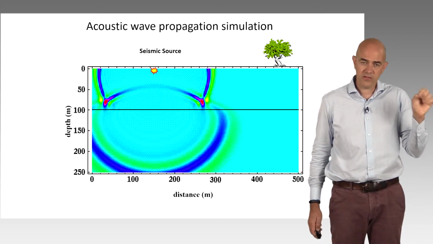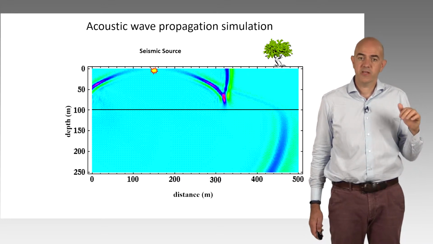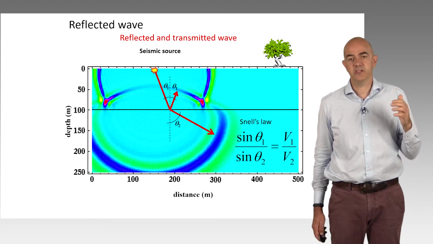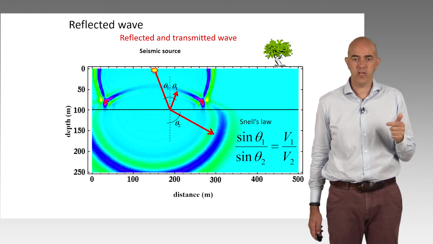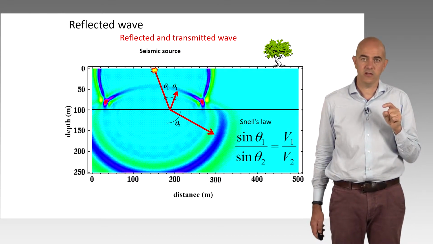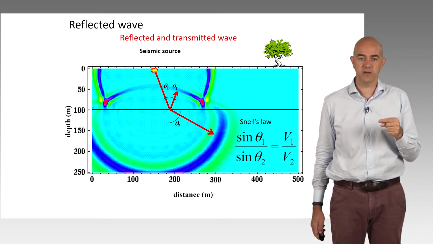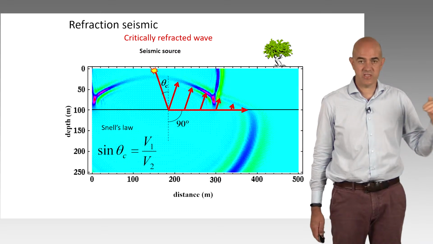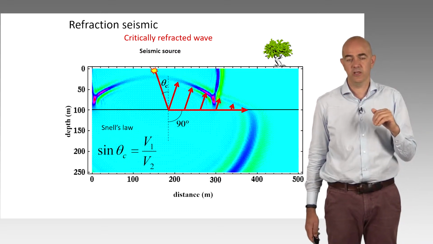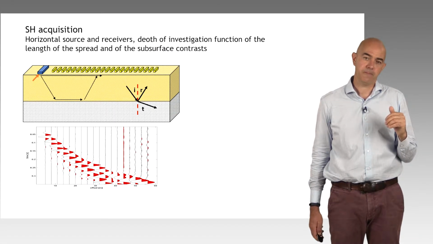But part of this energy, which is traveling on top of the fast layer, will be critically refracted. So when you look at the different events that you can observe in this simple acoustic simulation, you can see the reflected angle equal to the incident angle and the refracted angle, or the transmission angle. And you can see the head wave, the wave which is supported by the fast event going into the deeper layer, which is recorded at the surface with an apparent velocity.